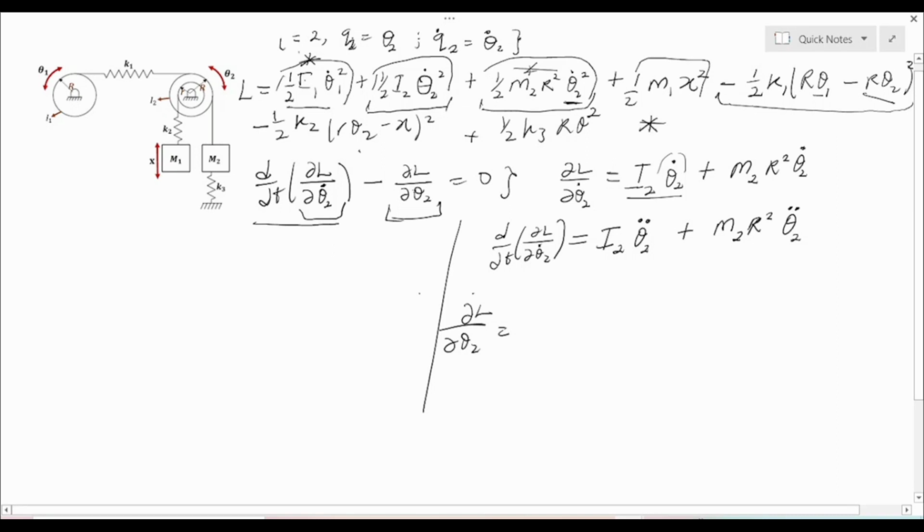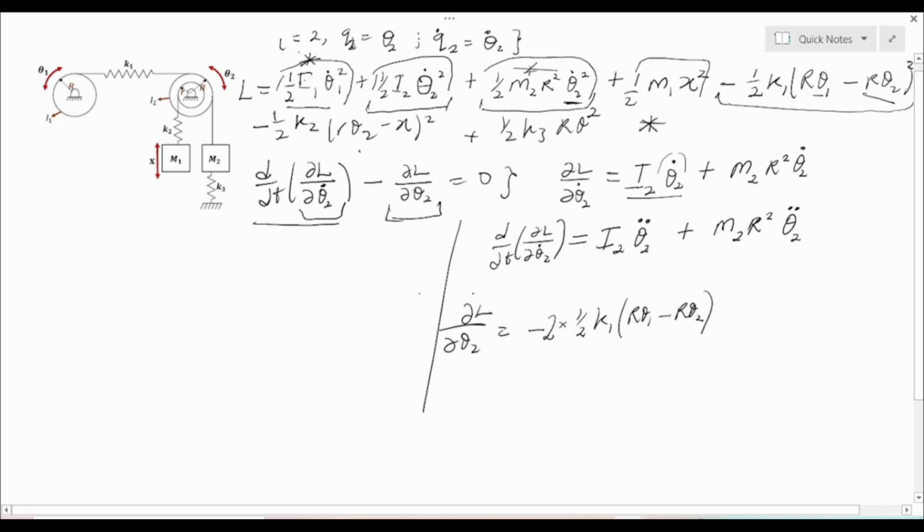So starting with the first term that we have, minus half k1 (r theta 1 minus r theta 2) all squared, our minus remains, the 2, which is the power, is going to multiply half, so we still have our k1 there, and you have r theta 1 minus r theta 2.